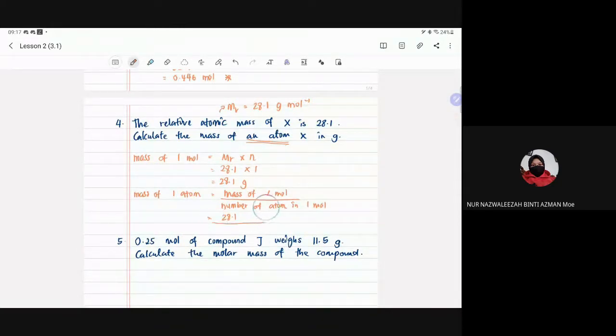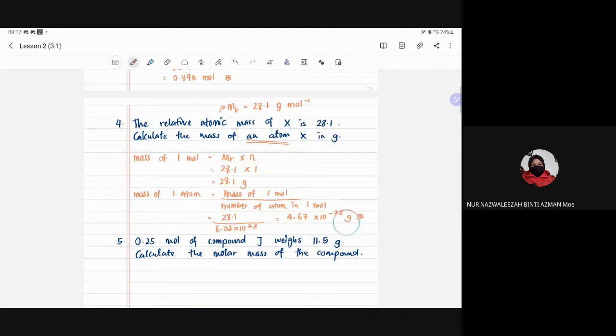Number of atom dia untuk 1 mole, we know that is Avogadro's constant. And from here we get 28.1 divided by 6.02 E23. You should get the mass of one atom 4.67 times 10 to the negative 23 grams.